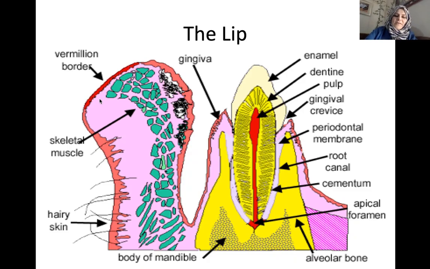It is also characterized by absence of hair follicles and absence of sweat glands, and there could be presence of sebaceous glands, but they are non-functional and very few in number. Because of the absence of sweat glands, we always need to moisturize our lip with the tongue.